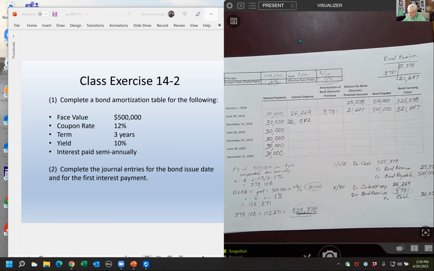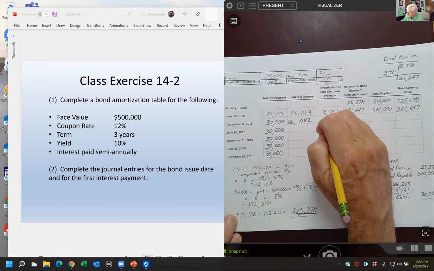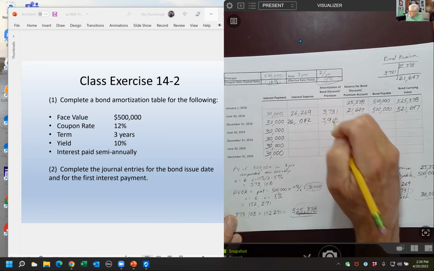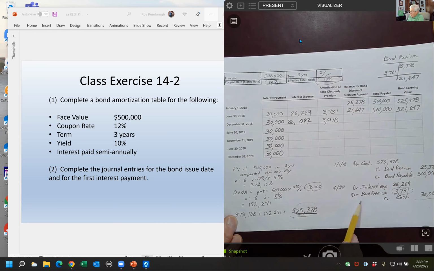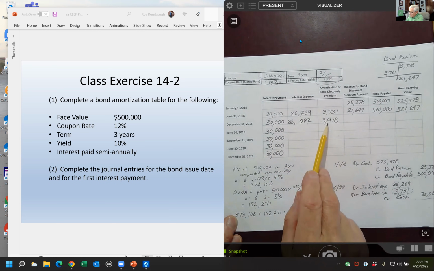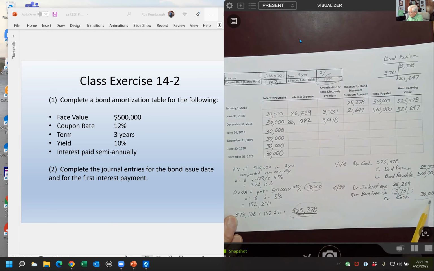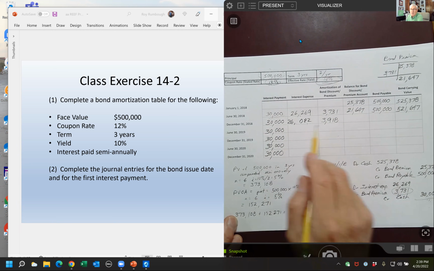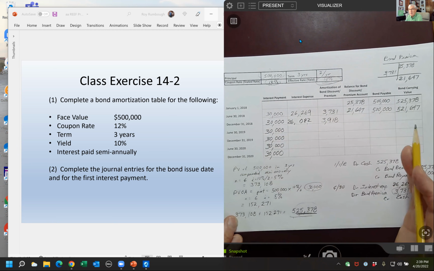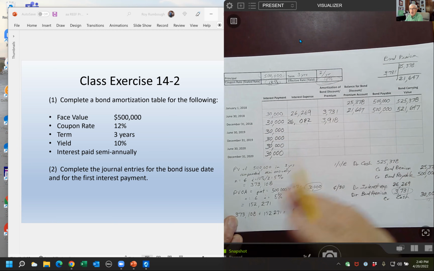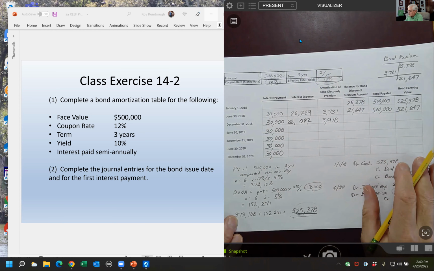So 30,000 minus 26,082, 3,918. So our entry, I'm not going to do all the entries here. It would have been debit interest expense, 26,082, debit the bond premium for 3,918, credit cash for 30,000. So these numbers feed into the entry. I'm just doing it on a table, but keep in mind, these things are happening back in the accounts.